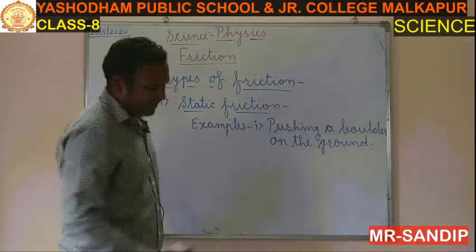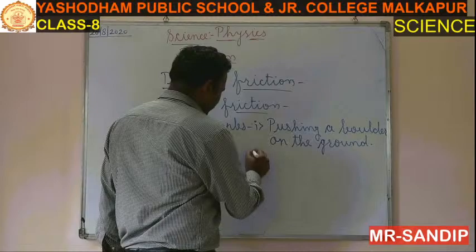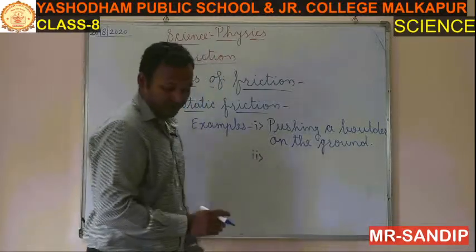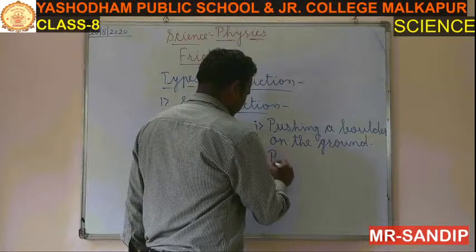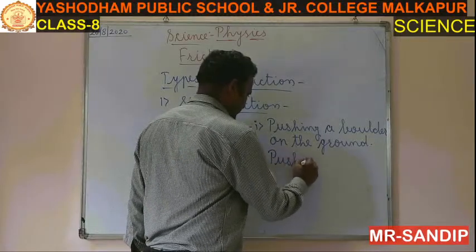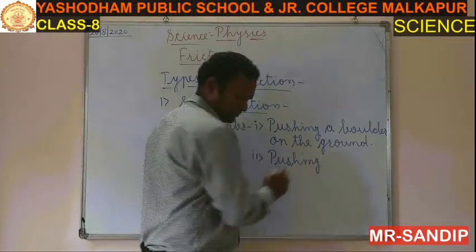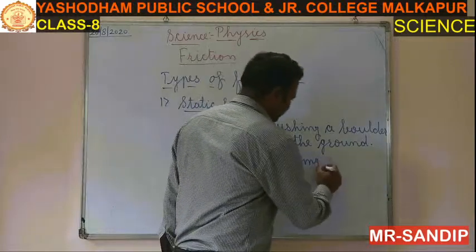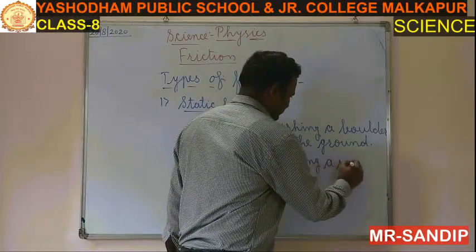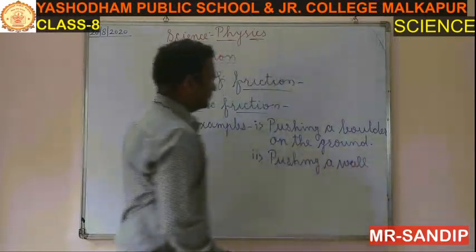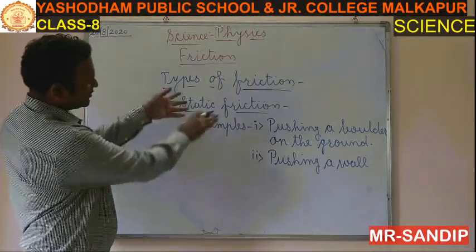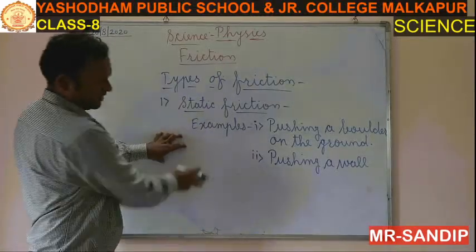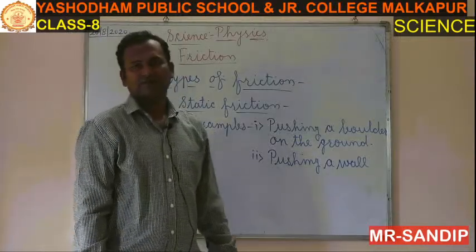Then the next example we can write here, that we always do, pushing a wall. We try to push a wall many times. When I try to push a wall, behind this board there is a wall, if I try to push very hard also, it will still not move.